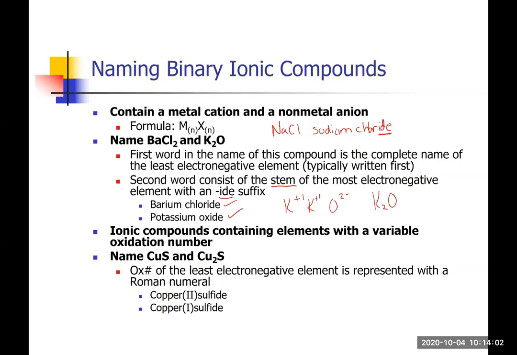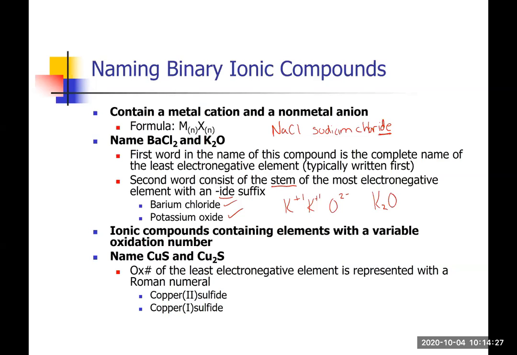Ionic compounds that contain elements with a variable oxidation number are going to be written really similarly to the previous compounds that we wrote that had transition metals. So the oxidation number of the least electronegative element is represented with a Roman numeral, because that's the species that has the variable charge. So let's look at CuS.